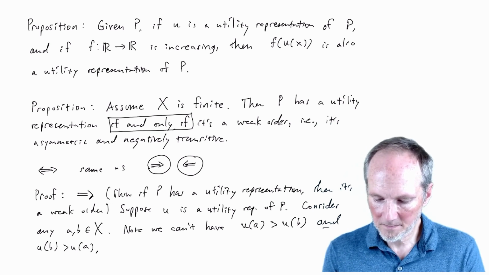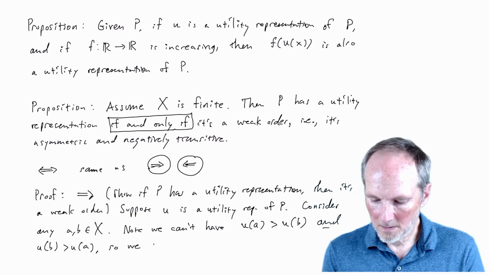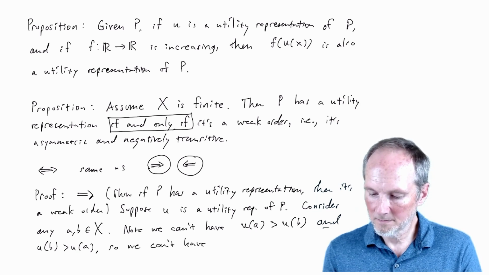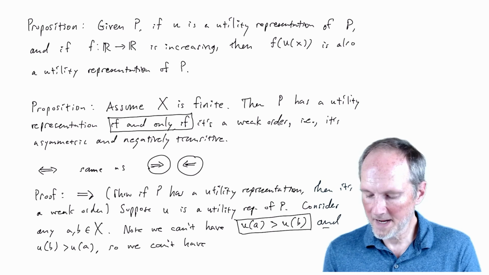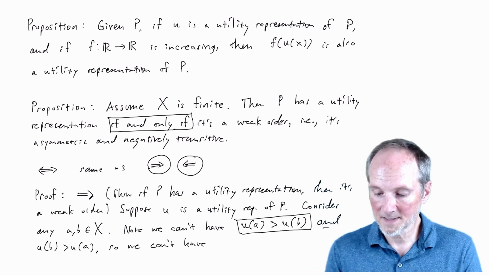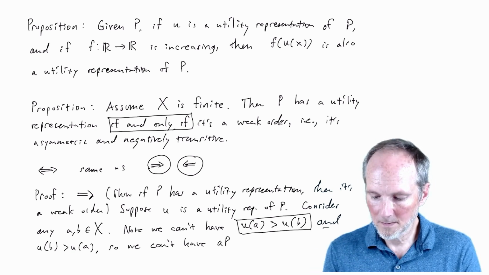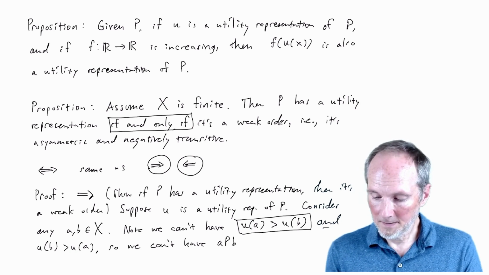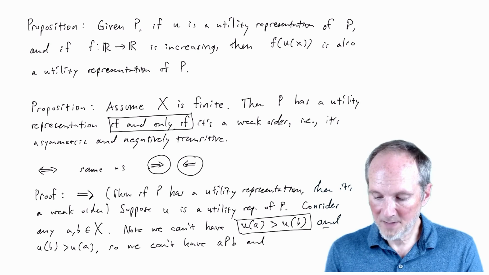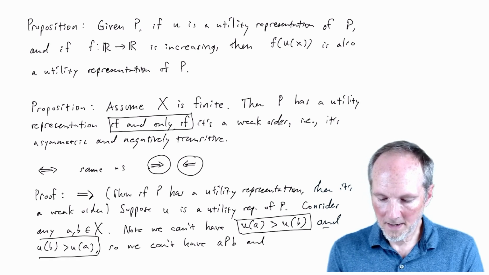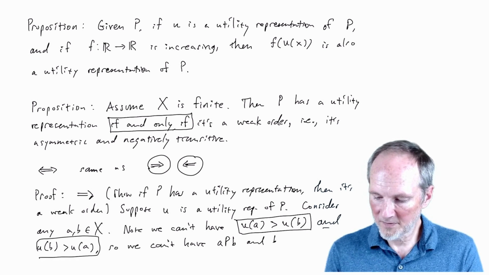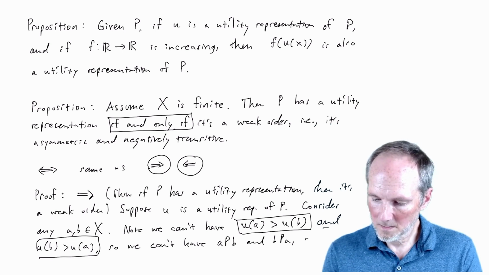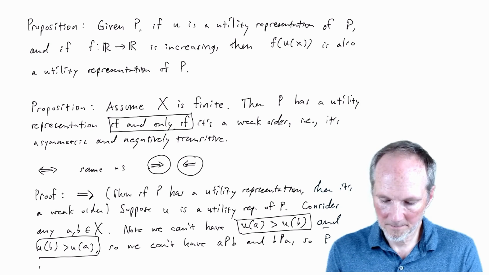Remember, if A has a higher utility than B, that's the same as being preferred to B. That's what a utility representation is. So we can't have A preferred to B and B preferred to A at the same time. So P is asymmetric.